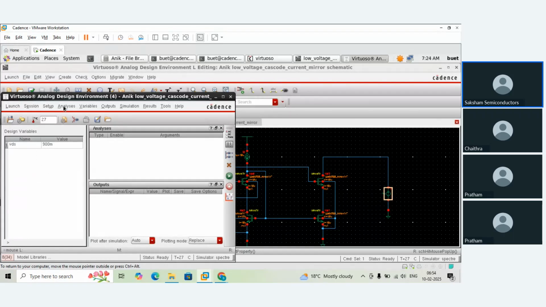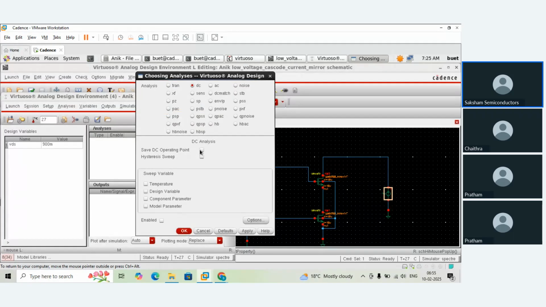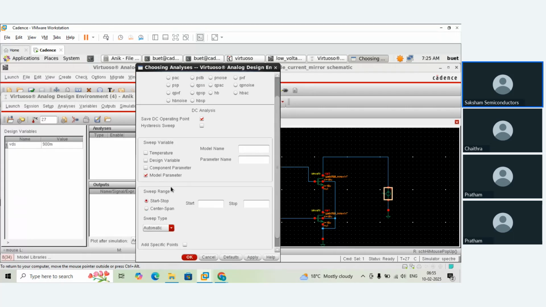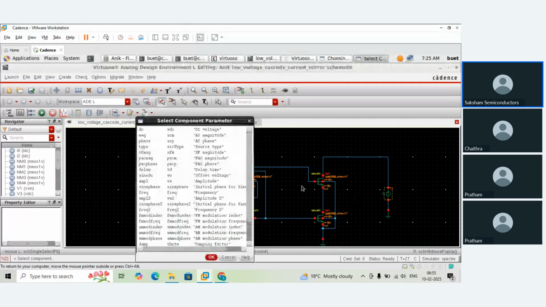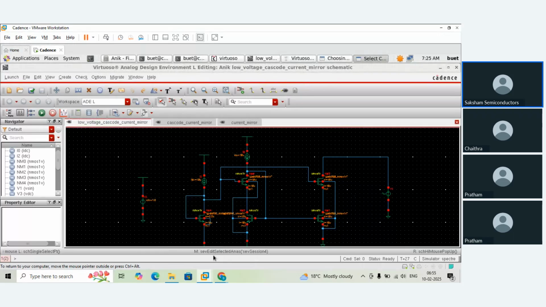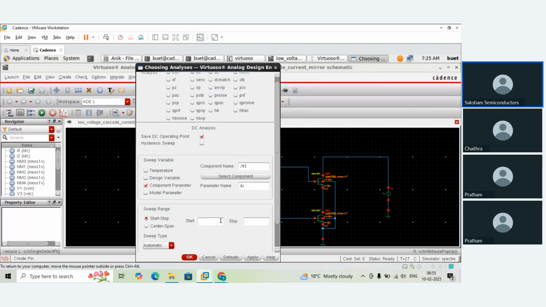First, let's do DC analysis and figure out whether I am able to get the constant current, with the output being 0 to 1.8.